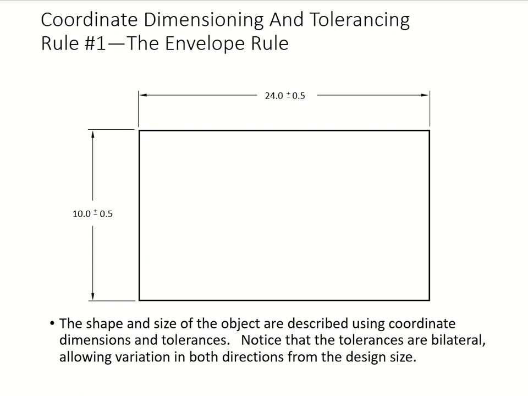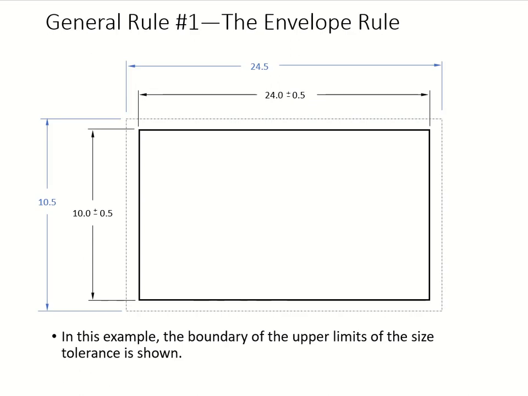You have two sets of it, for the height and also the length. Now here you have calculated it. This one is 10.5, the bigger one, and 24.5, the upper limit.